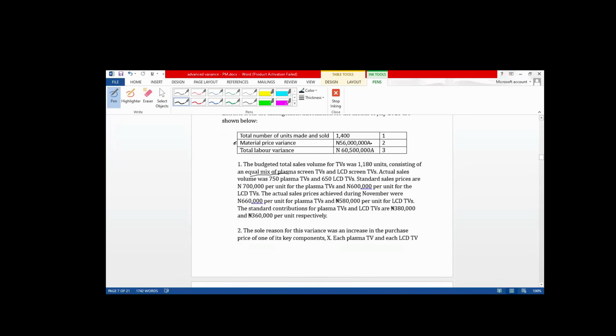This 56 million adverse is not due to the purchasing officer's efficiency. It's because there is an error in the original standard. We cannot blame the purchasing officer for errors committed by management.